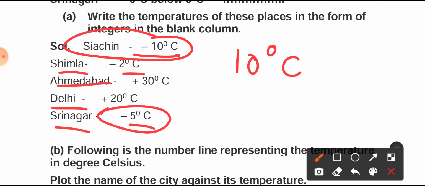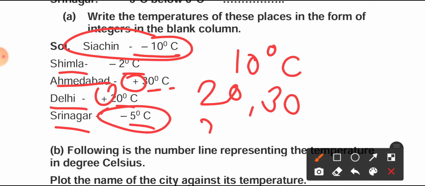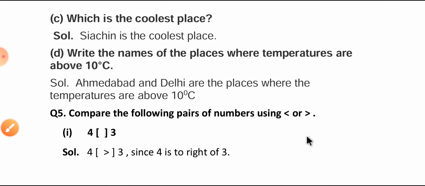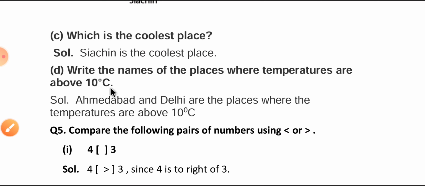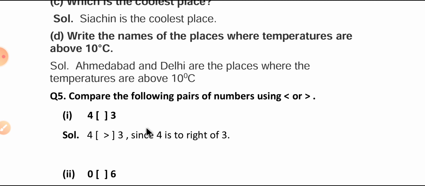Only Ahmedabad and Delhi have temperatures of 30 and 20 degrees, which are positive. It means 20 and 30 are both greater than 10. So Ahmedabad and Delhi, both cities have a temperature greater than 10 degrees Celsius. Ahmedabad and Delhi only.